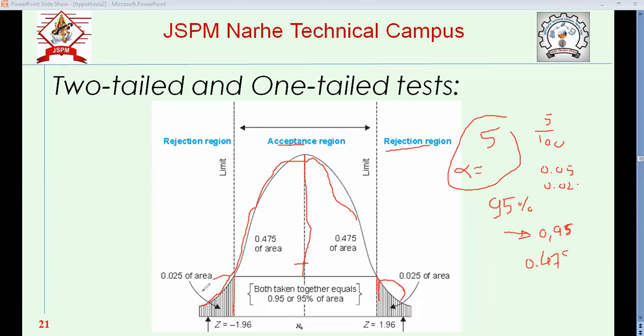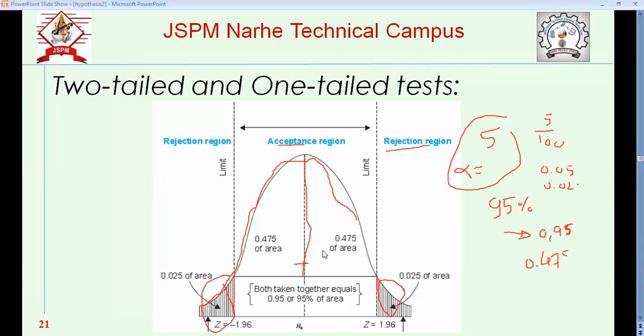So this is the probability that it is more than that. This is the probability that it will be more than this.